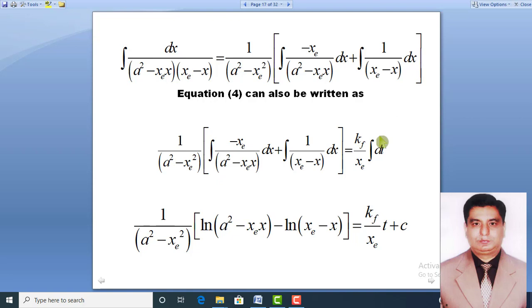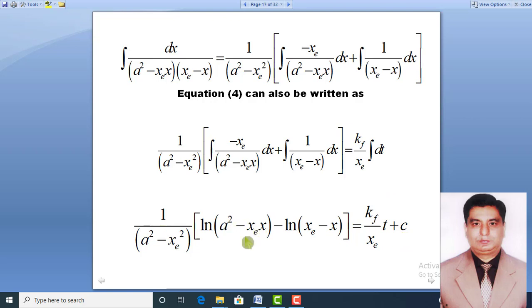When we apply the rules of integration, this term will be written as log natural of (a² − x_e x), and this term will be written as minus log natural of (x_e − x). And here we will take a constant, that is the integration constant.